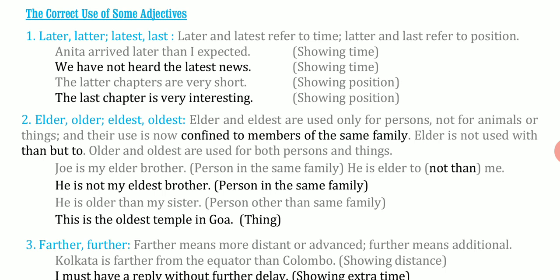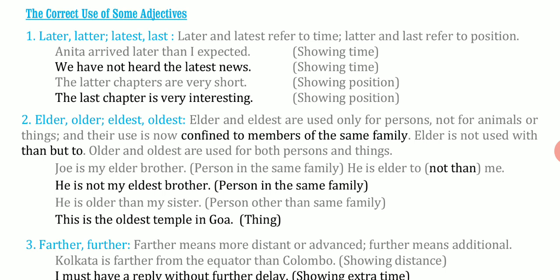Now, second one, elder, older, eldest, oldest. Elder and eldest are used only for persons, not for animals or things. And their use is now confined to members of the same family. It means in your family you can say he is elder or eldest, not older or oldest. Elder is not used with than but to.